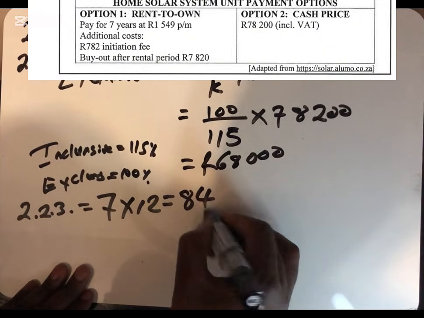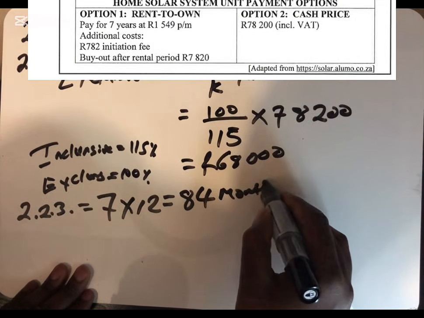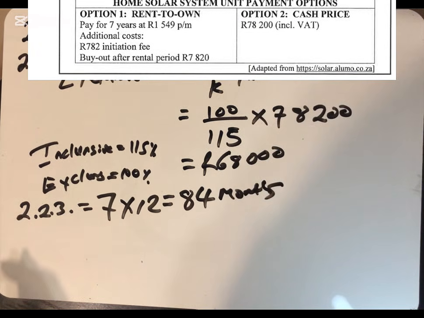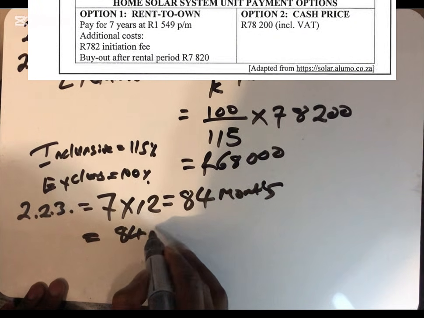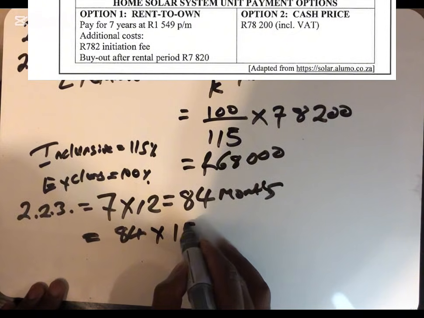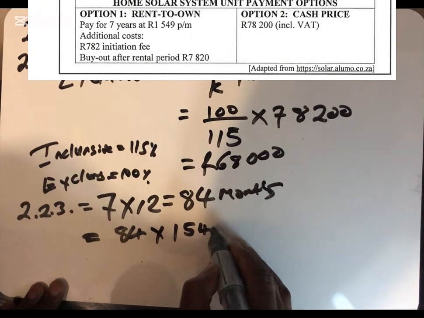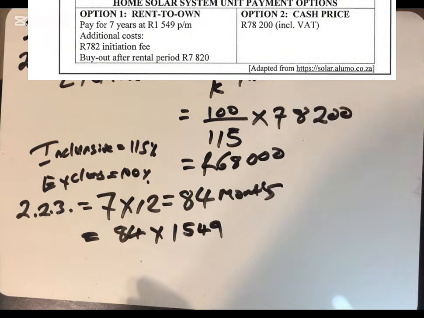This person paid for 84 months. The amount that this person has paid each and every month is 1,549.